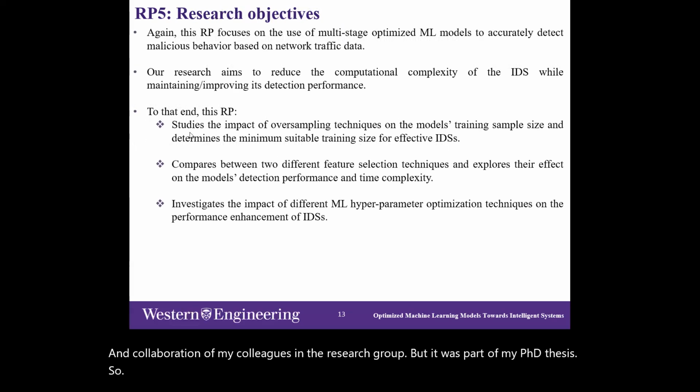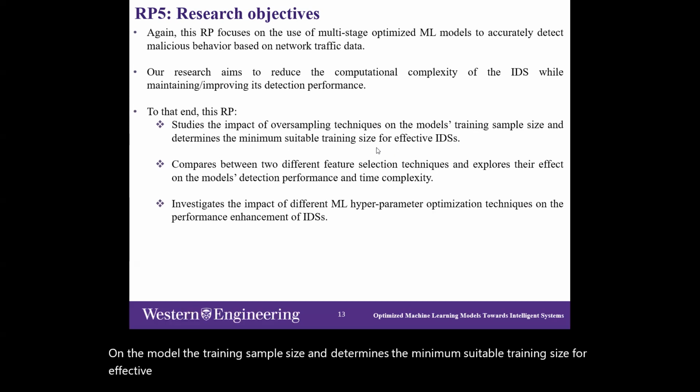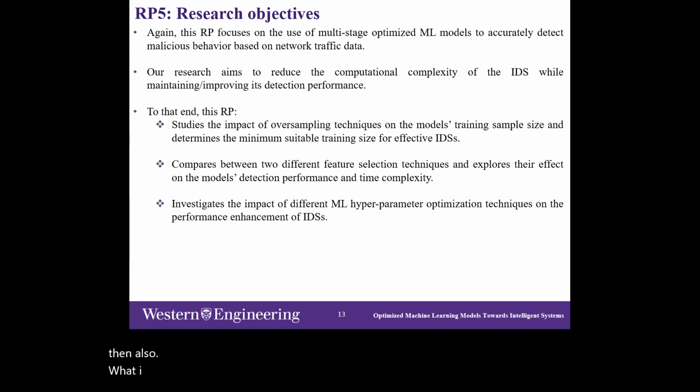To that end, what we did was study the impact of the oversampling technique, which I will talk about right now, on the model's training sample size, and determine the minimum suitable training size for an effective IDS. Then I also used the learning curve to get the minimum number of required training samples.